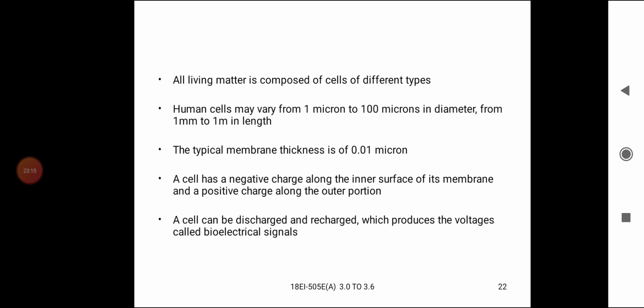The cell produces a bioelectrical signal due to polarization, charging and discharging, or it can also be said, polarization and depolarization of the cell. The size of the cell is in the range of 5 to 10 micrometers.